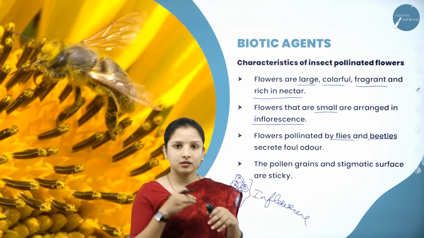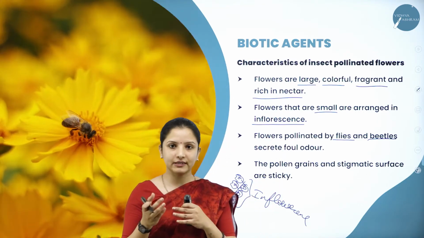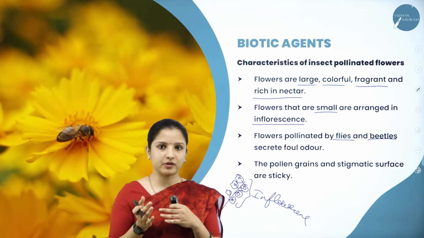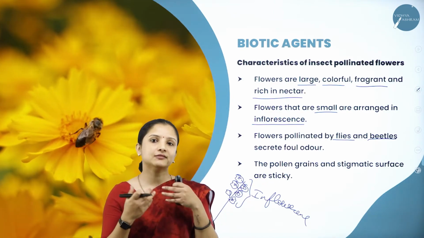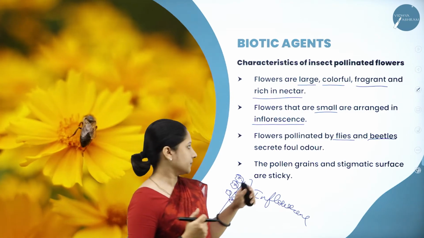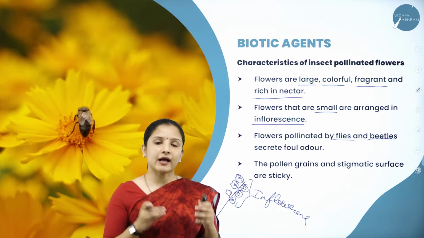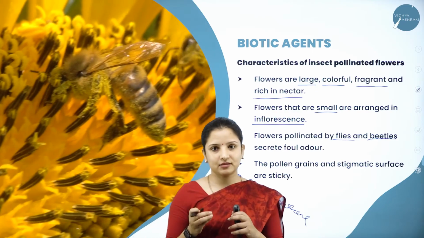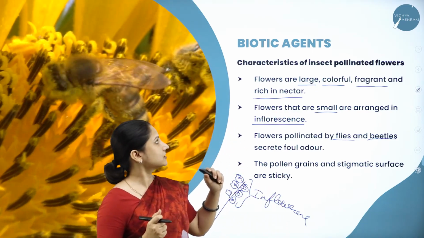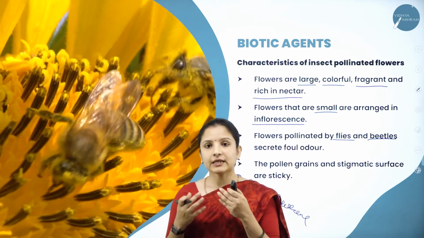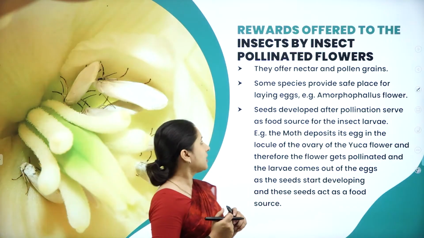And if pollination is by flies or beetles in particular, then the flowers usually secrete a very bad smell or a foul odor. And next, the pollen grain as well as the stigmatic surface should be sticky. So these are the characteristics of insect pollinated flowers.